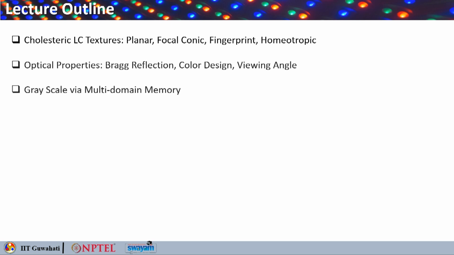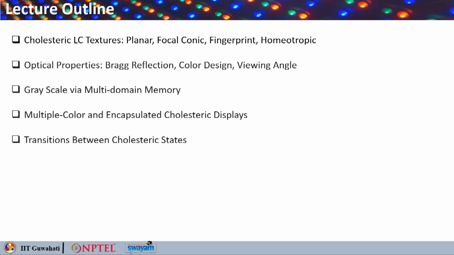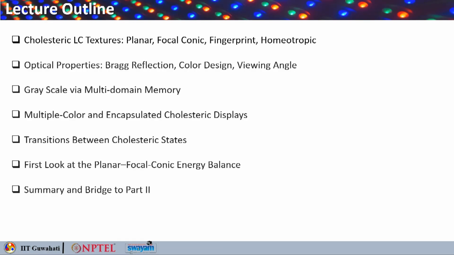We'll then consider grayscale, how we can get it via the multi-domain memory. Then we'll discuss multicolor and encapsulated cholesteric displays, transitions between cholesteric states, and we'll take a first look at the planar focal conic energy balance. With that, we will conclude this lecture and provide a bridge to the next lecture.